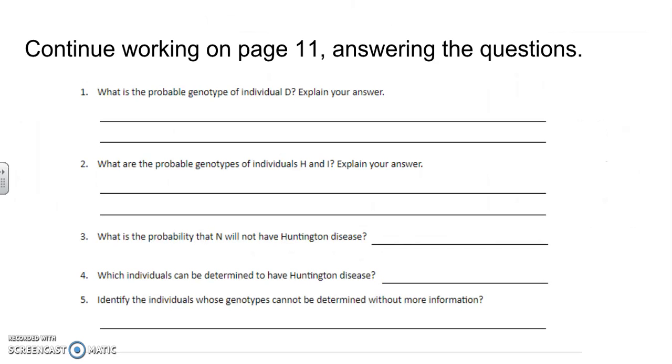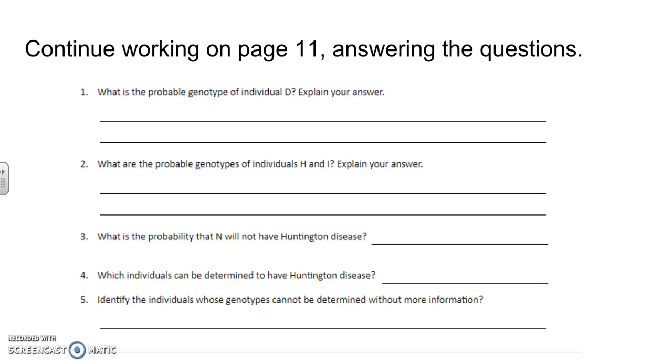All right, now you're going to be continuing to work and answering the questions on page 11. And you will notice that your next question says, what is the probability that N will not have Huntington's disease? And we actually just learned how you can calculate the percent chance, the probability that someone would inherit that genetic disease. Correct?